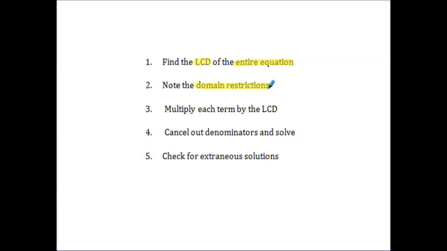Then we multiply each term by the LCD. Then we cancel out denominators and we solve. And the last thing we need to do is we need to check for extraneous solutions. Extraneous solutions in this context are solutions that would make any one of the denominators of the original equation turn to 0.